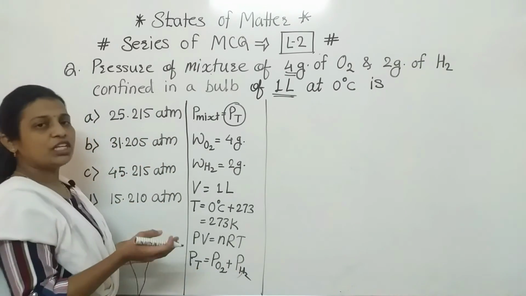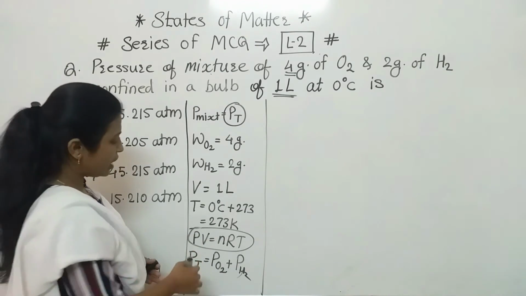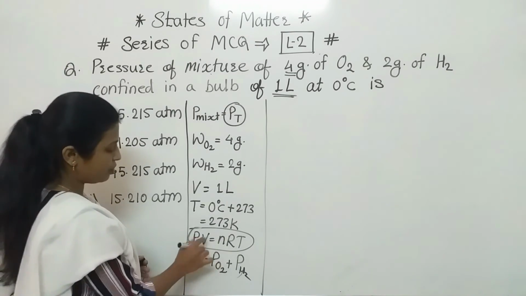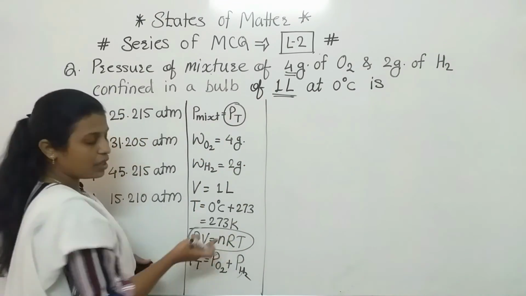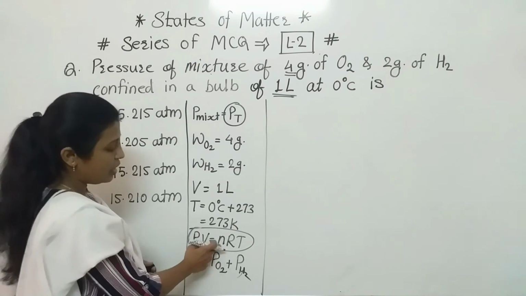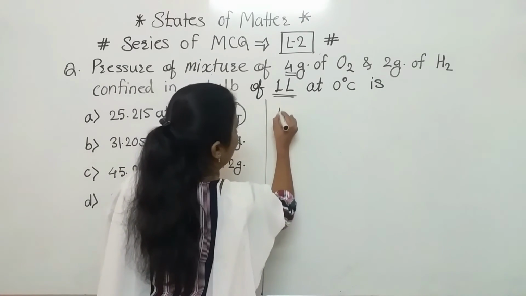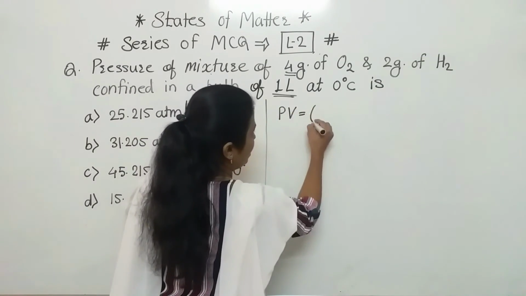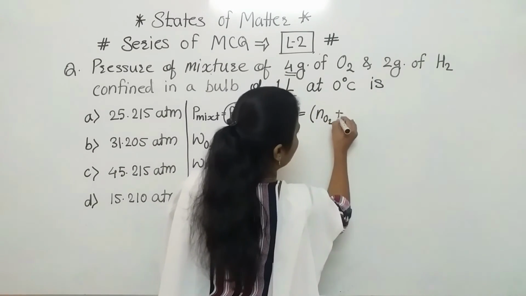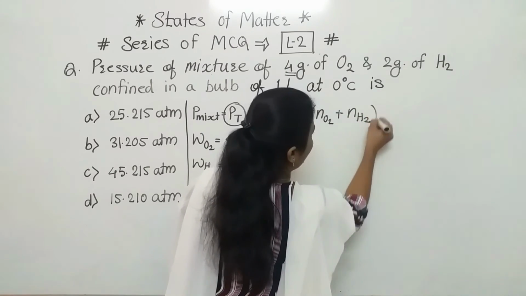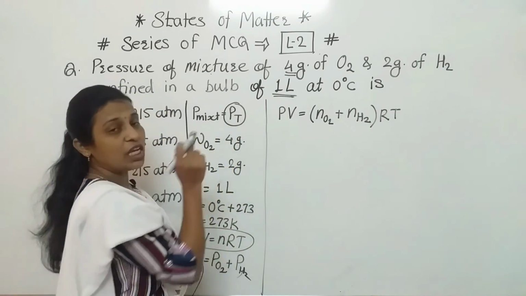So instead of individually calculating that pressure by using this formula, here we can say the volume will be same, that is 1 liter, temperature is same, R is the universal gas constant, and n we can find out for each gas. So PV is equal to number of moles of oxygen plus number of moles of H2, into RT. What we have to find out? We have to find out the total pressure.